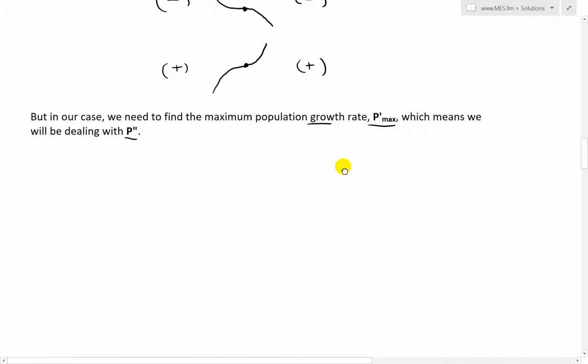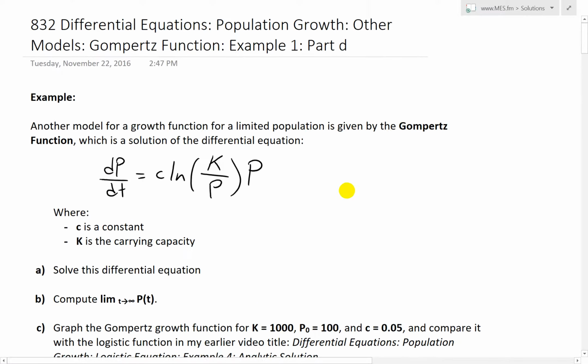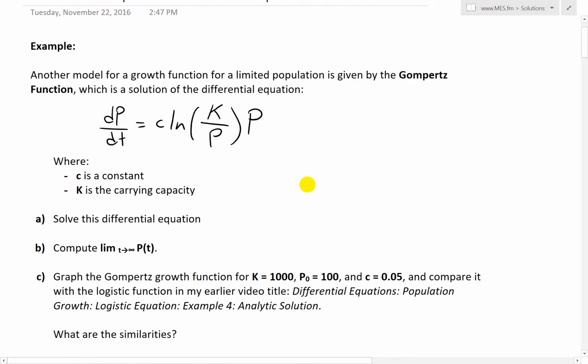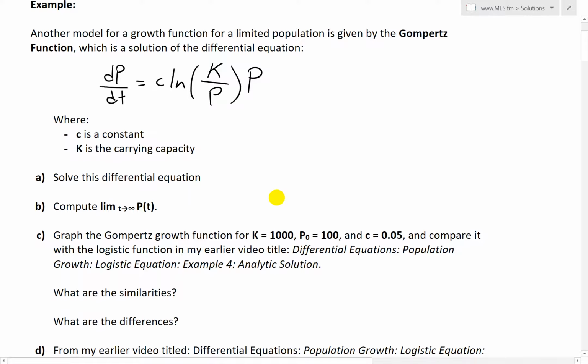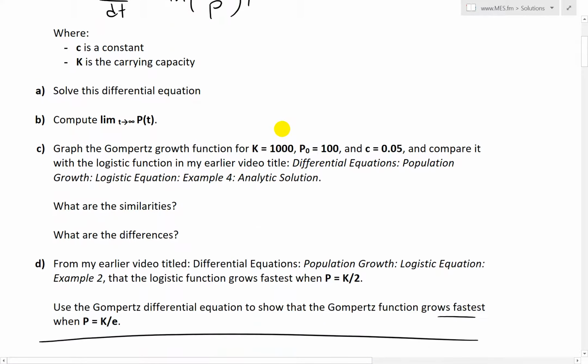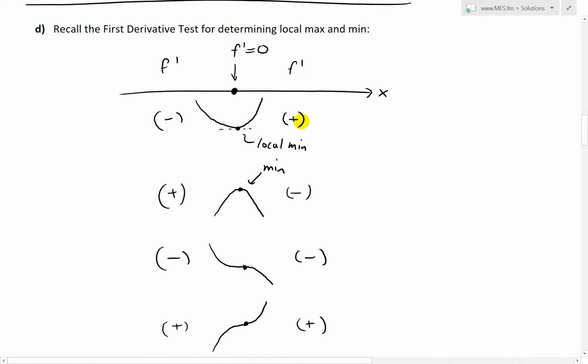So first thing we need to do is, well, let's just type out our derivative. So we have the function dp over dt. This equals a simplified p prime, and this equals our differential equation c ln(k over p) times p. I'll just scroll all the way up, and yeah, that's what our function is. Our differential equation dp over dt equals c ln(k divided by p) times p.